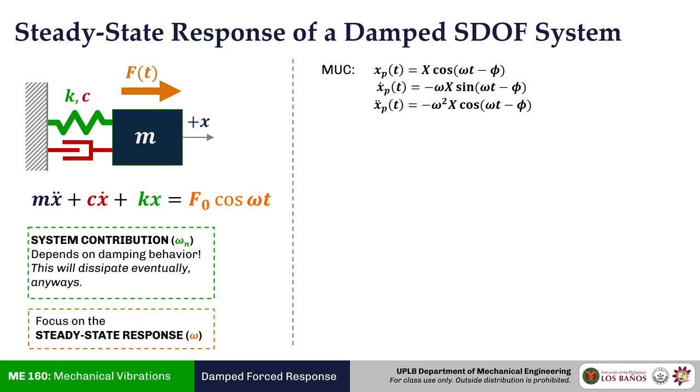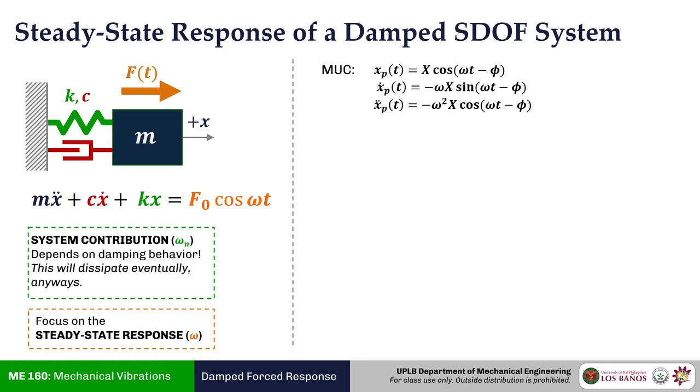Now, in your module, chapter 5, the detail of this derivation is more clearly seen, pero napakahaba niya. If you substitute this MUC and obtain the proper equations, meron kang terms that dance to cosine omega t.